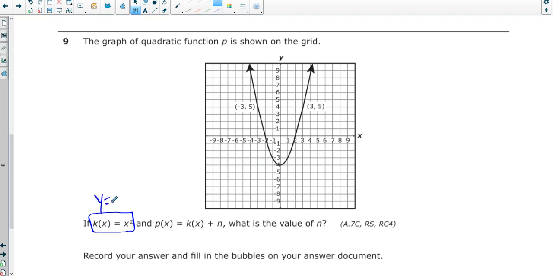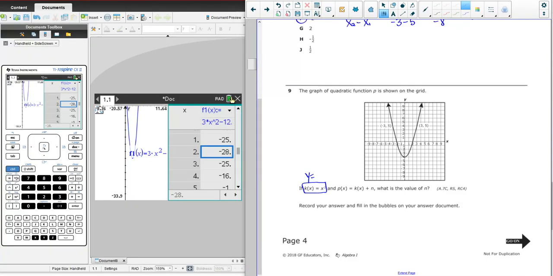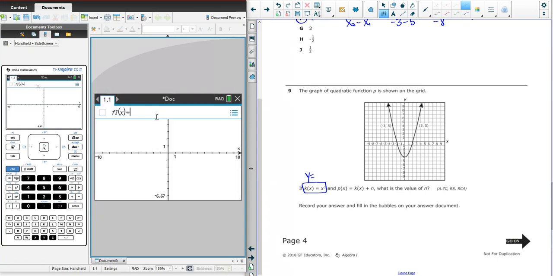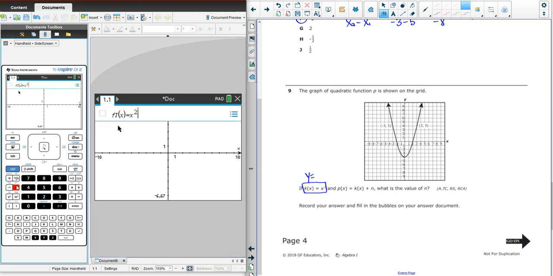So they're saying that the equation is x to the second power. If you graph that on your graphing calculator, I go back over here and I go to a new graph and I put x to the second power and I push enter. Here's the parent function.